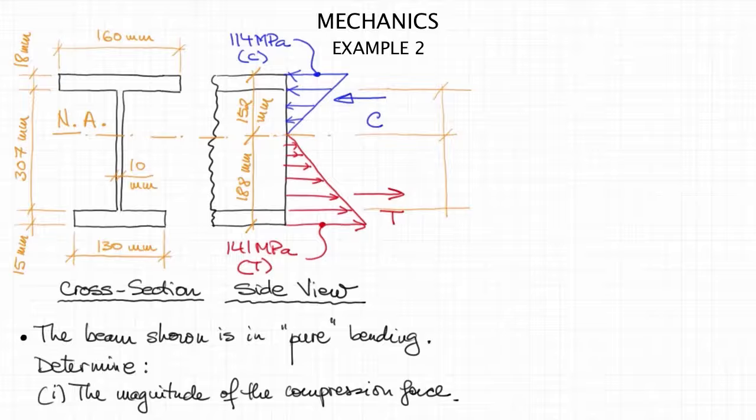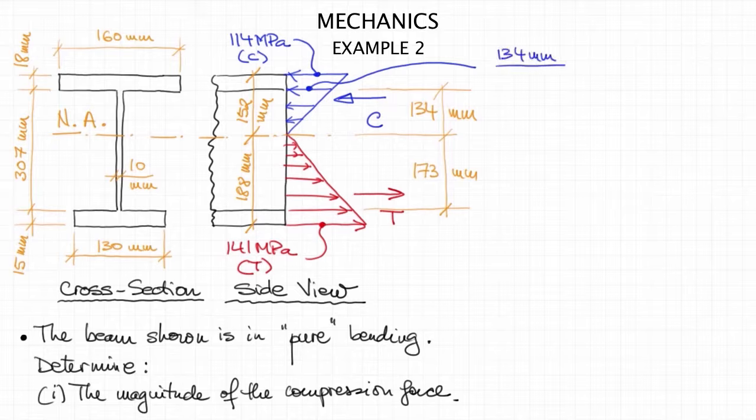But if you look carefully, this stress block acts partly on the web of the section and partly on the flange of the section. So this stress block has two different widths. So therefore, we have to calculate this separately for each of the two widths.